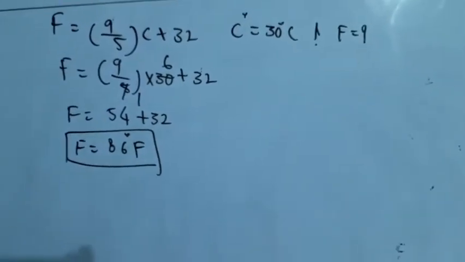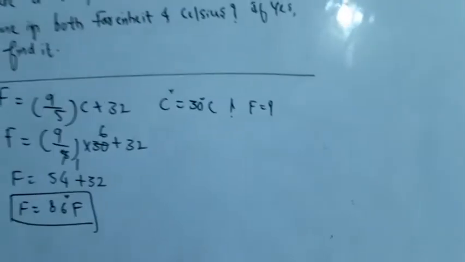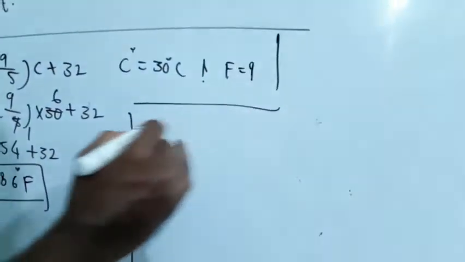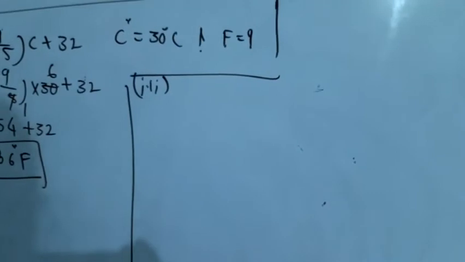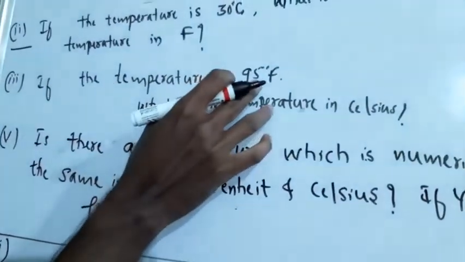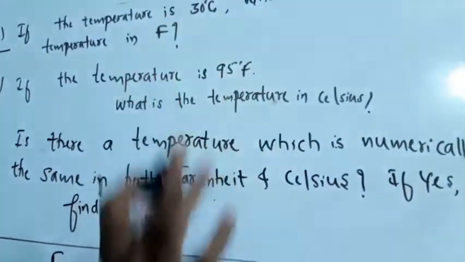So next, third question. If the temperature is 95 degree Fahrenheit, what is the temperature in Celsius?